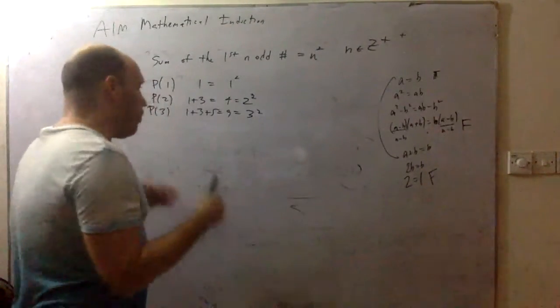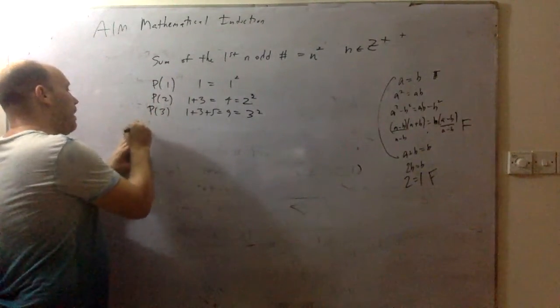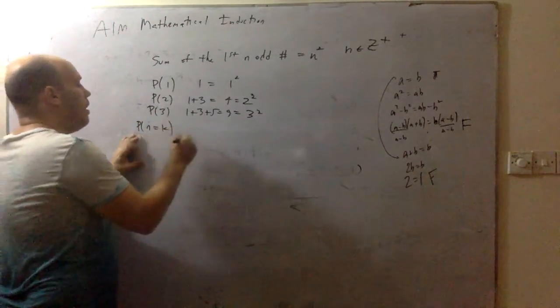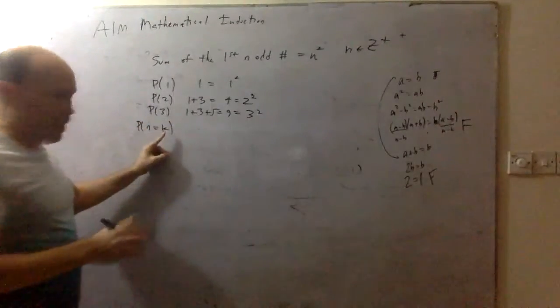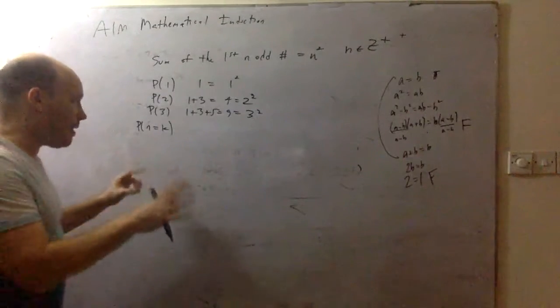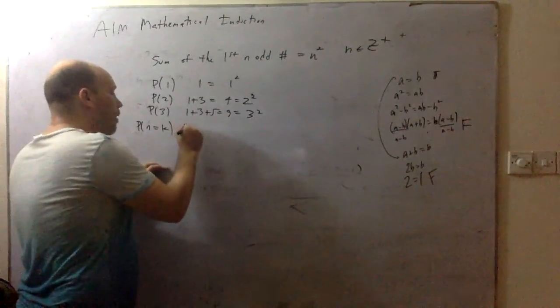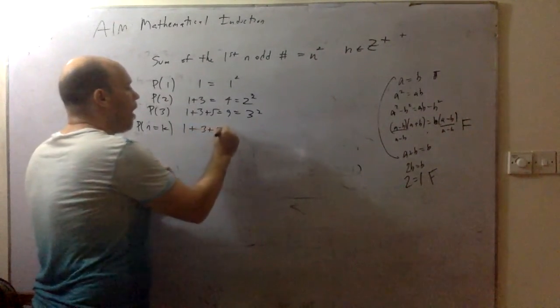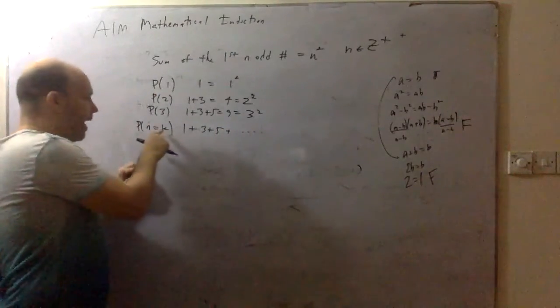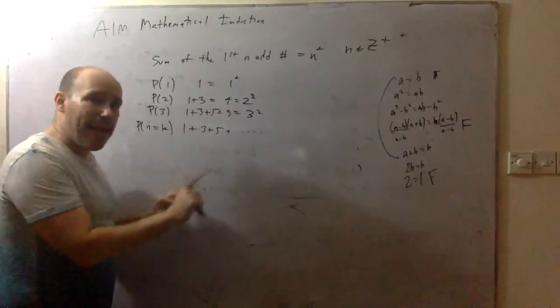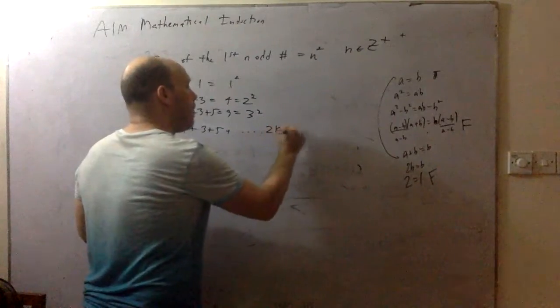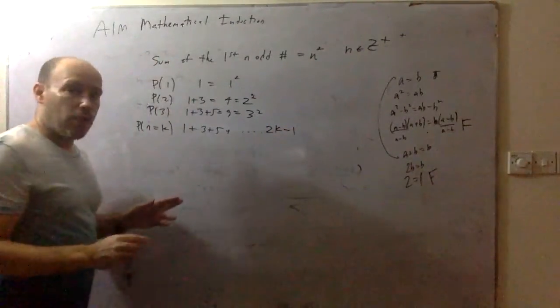Now we want to make the first statement. So we're going to show that P of n equals k is true. Now we looked on the sheet. What is the first term? It's 1 plus 3 plus 5. What is the kth odd term? The kth odd term is 2k minus 1, right?